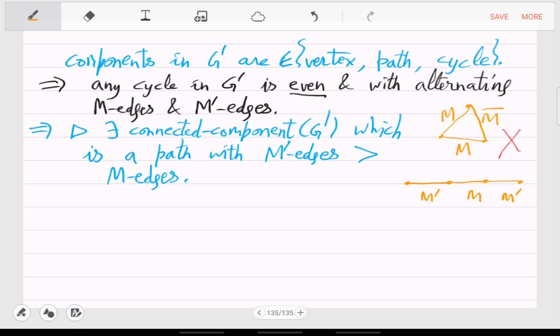You always have this property that M prime and M have to alternate. So there are only two configurations, out of which this one has M prime more than M. So it's always one more. When it is more, it's one more, or it could have been the opposite. But there has to be at least one path where M prime is more than M.